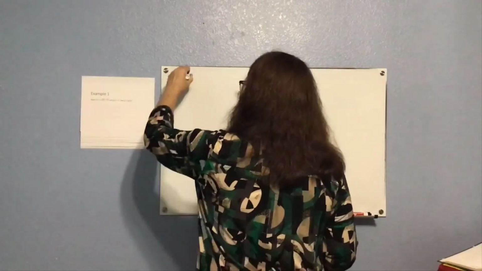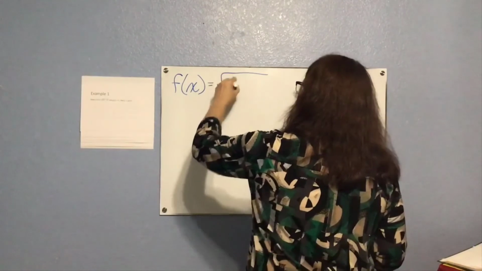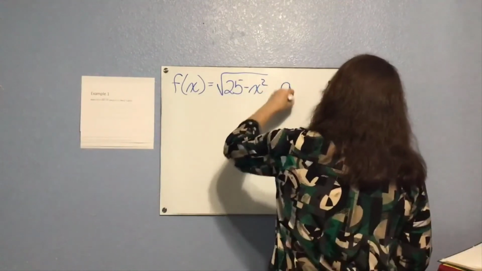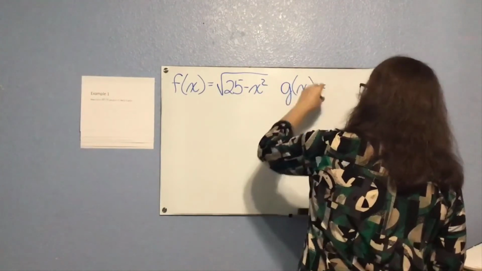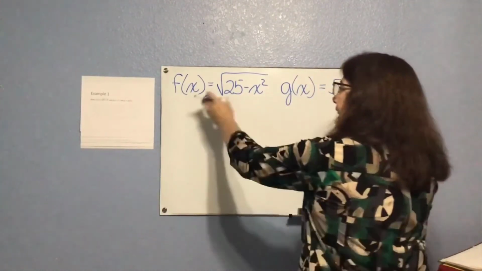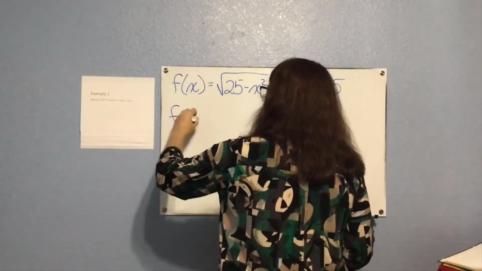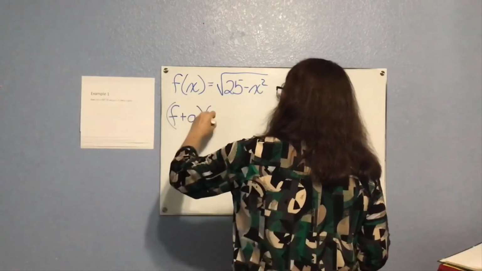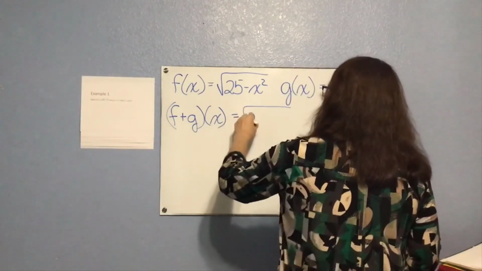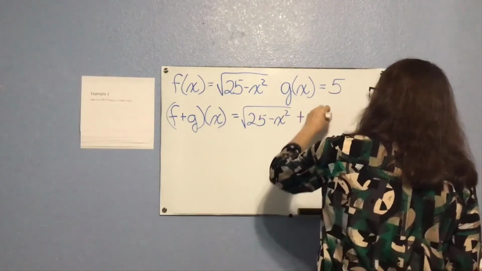If I have f of x equal to the square root of 25 minus x squared, and g of x equal to 5, I can add those together and have f plus g of x, and that equals the square root of 25 minus x squared plus 5.